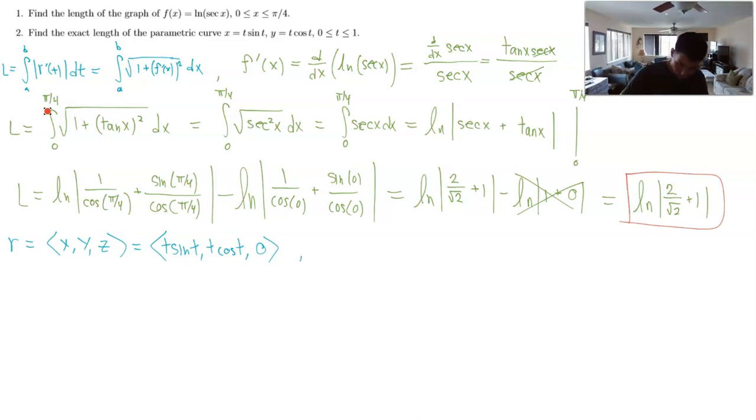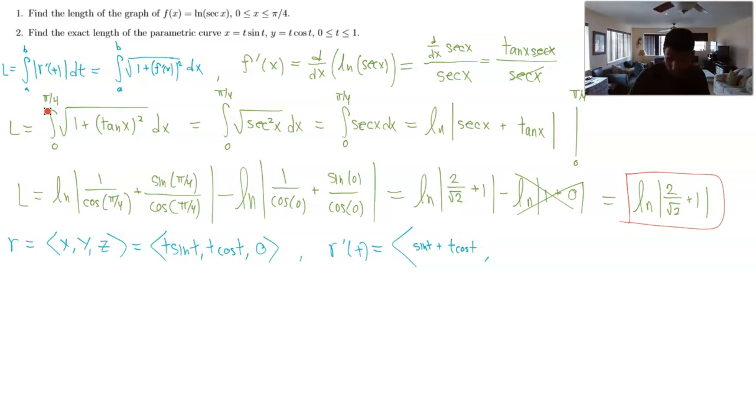Well, if we want r prime of t, what is that? We have to take the derivative of t sine t and of t cosine t. It's product rule here, so we'll get sine t plus t cosine t. Then comma, now we do the next one.